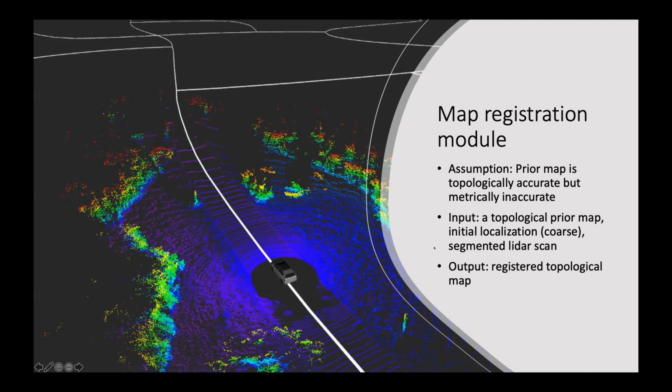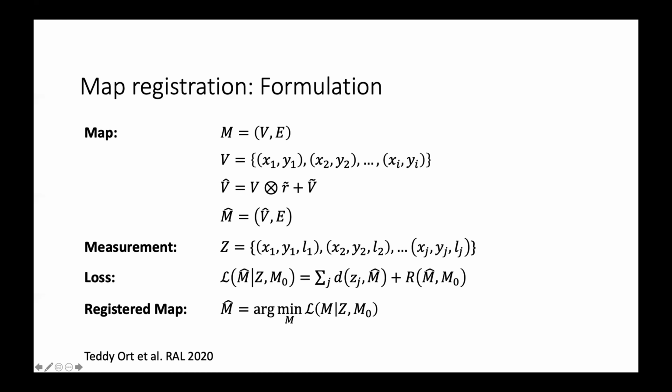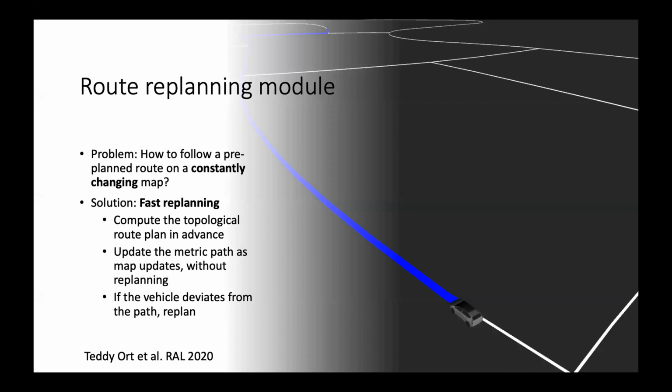Using the segmented LiDAR scan, we formulate a cost function that registers and produces a registered topological map. I'll not go into the formulation, but this is an optimization problem where we want to maximize our observation likelihood.